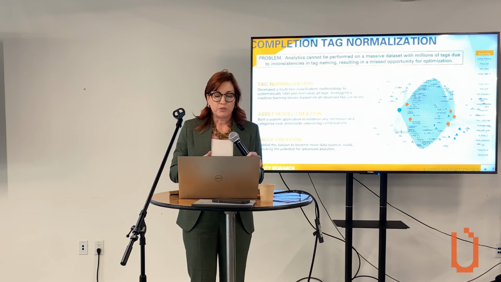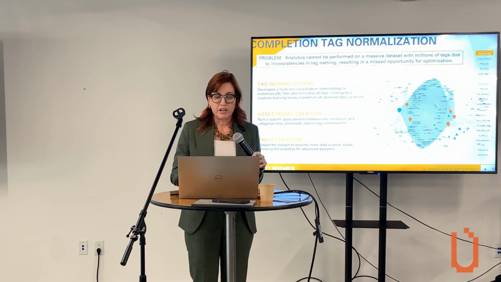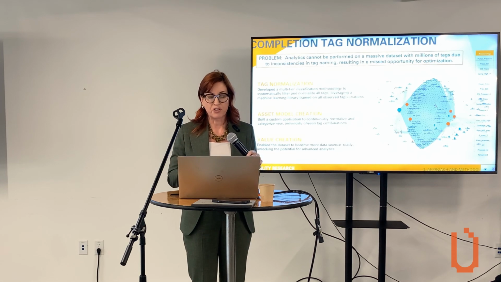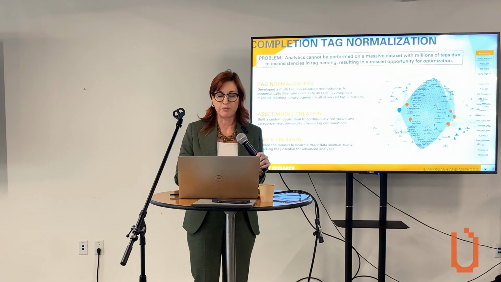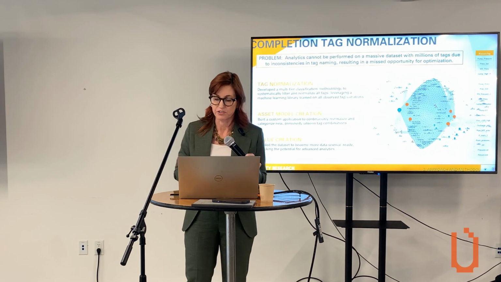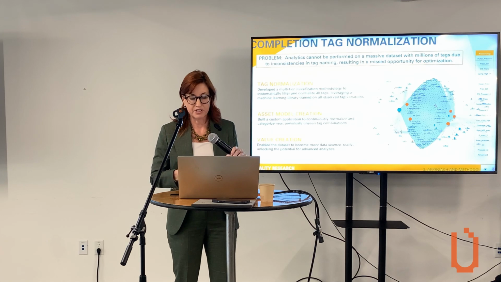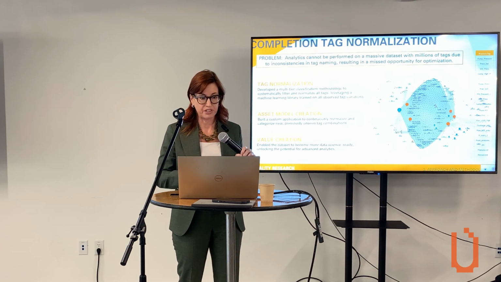So you always have to deal with that, and that's what can take a lot of time. And in this case, I'm going to show a little more detail on this, but we started with the root issue, which was inconsistent tag naming, by developing a classification system to filter and normalize the tags. But I've got a little more detail about that.